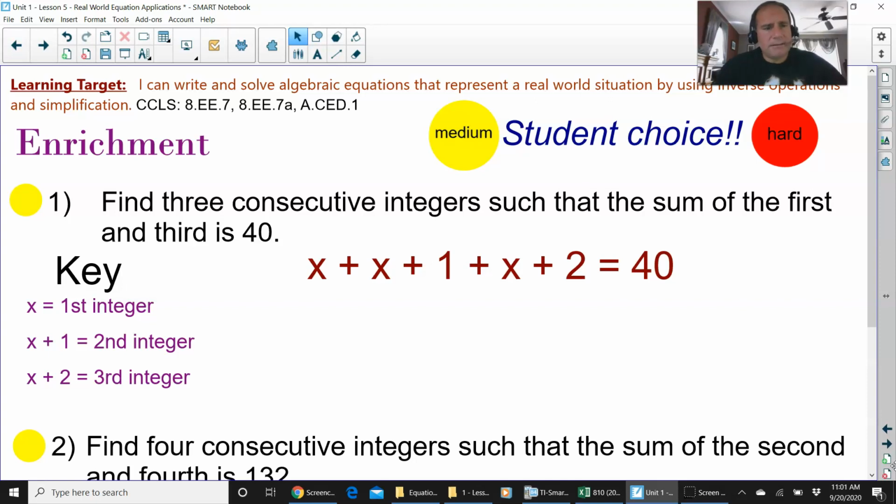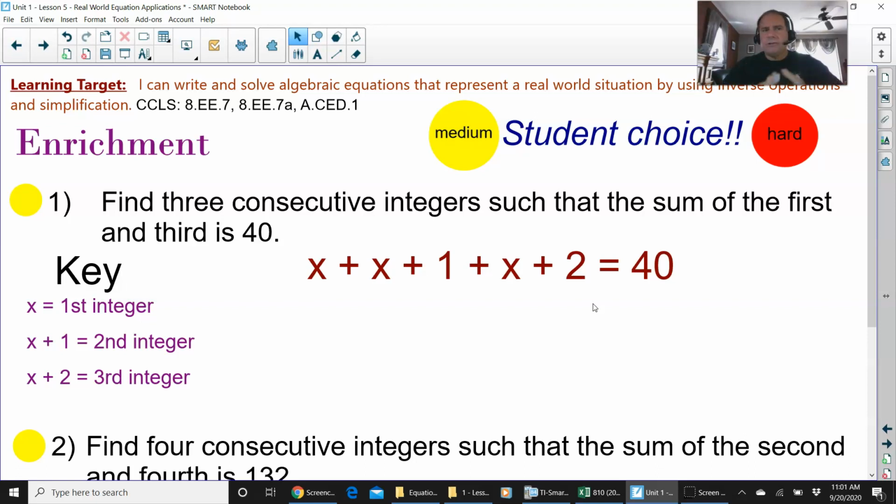So I immediately put my key together. x equals first integer, x plus 1 equals the second integer, x plus 2 equals the third integer, and all of a sudden I'm combining everything, I'm putting 3x plus 3 equals 40, and then I minus 3 and it's 37, and then I divide it by 3 and it's a decimal. They're not giving you a decimal here, all right? Because first off, it has to be an integer, right?